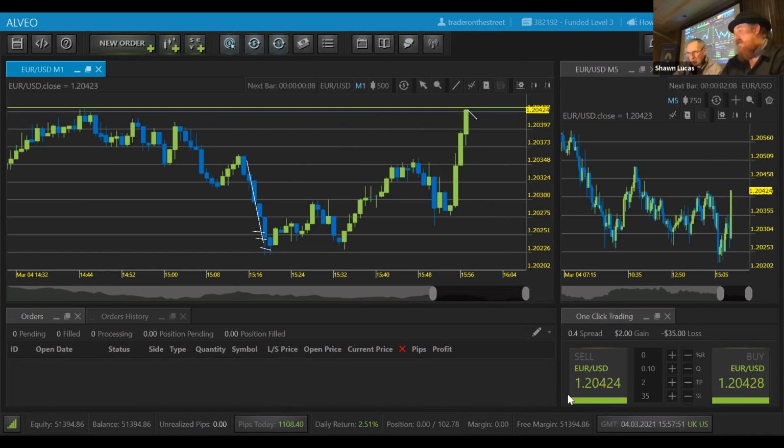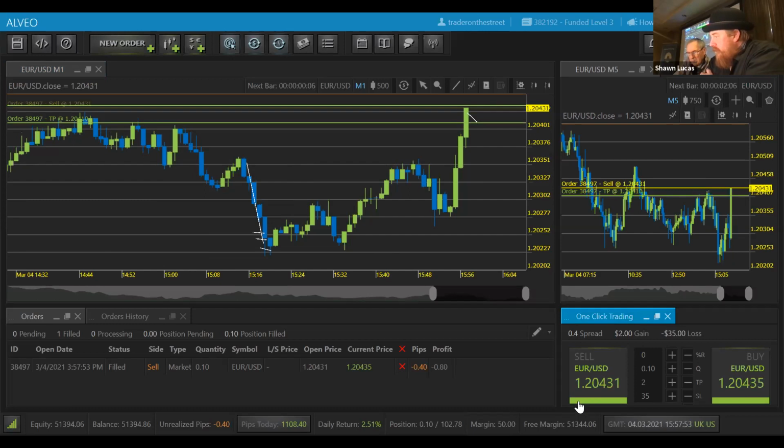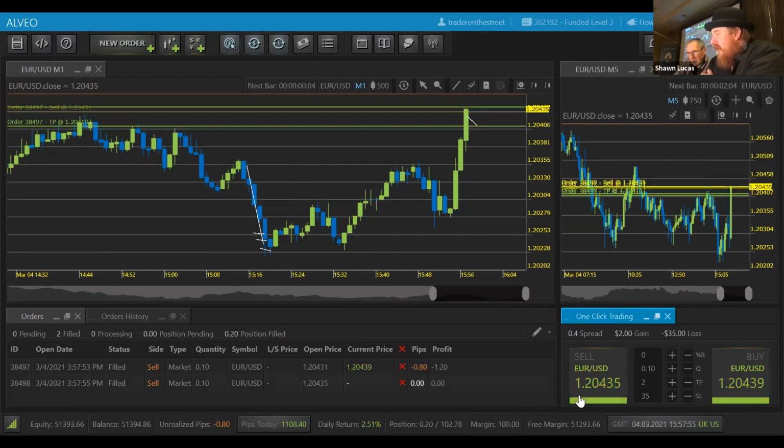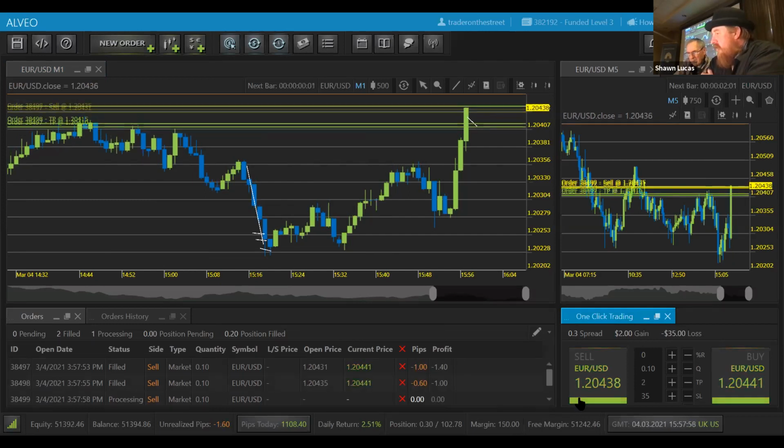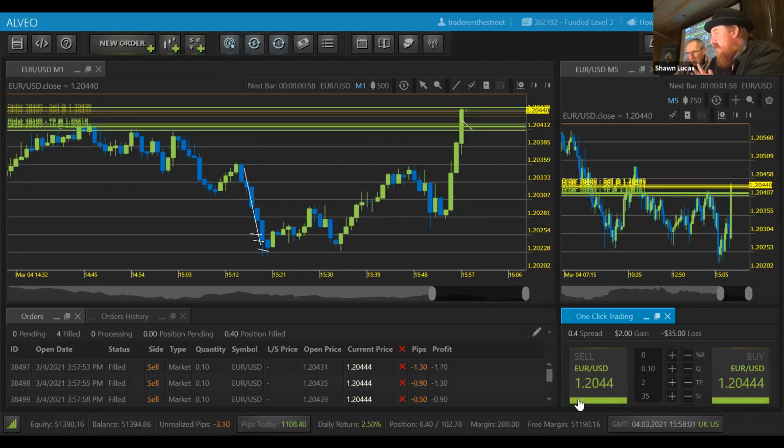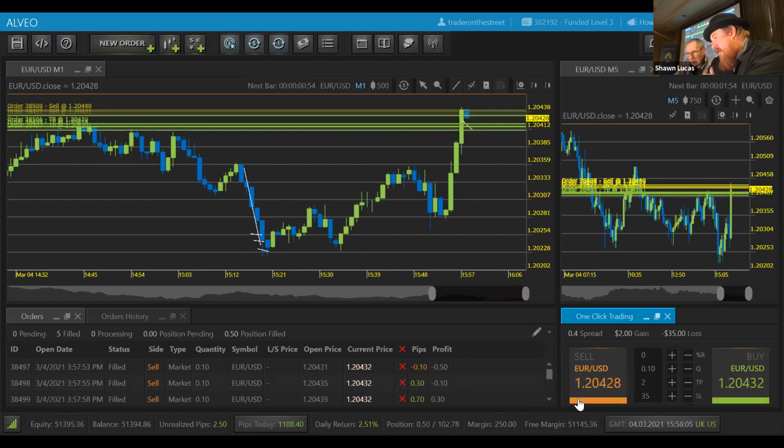So go ahead and sell. As it pushes higher, go ahead and slowly, just very slowly, because that candle's not done yet. There we go. And let's see if we can get that pop back down.